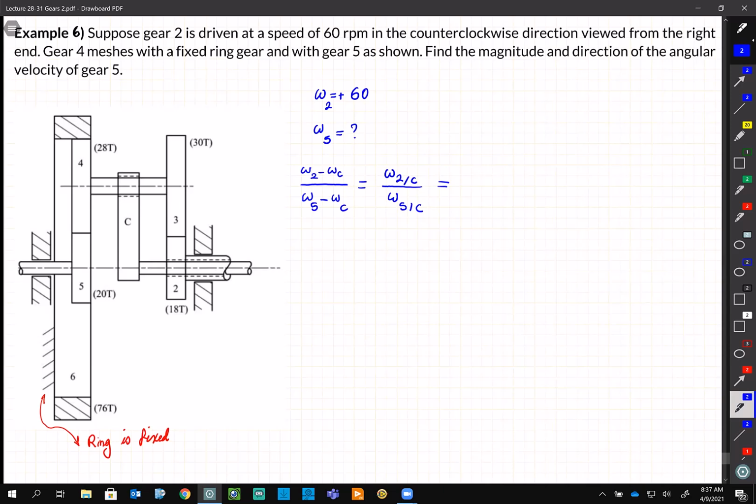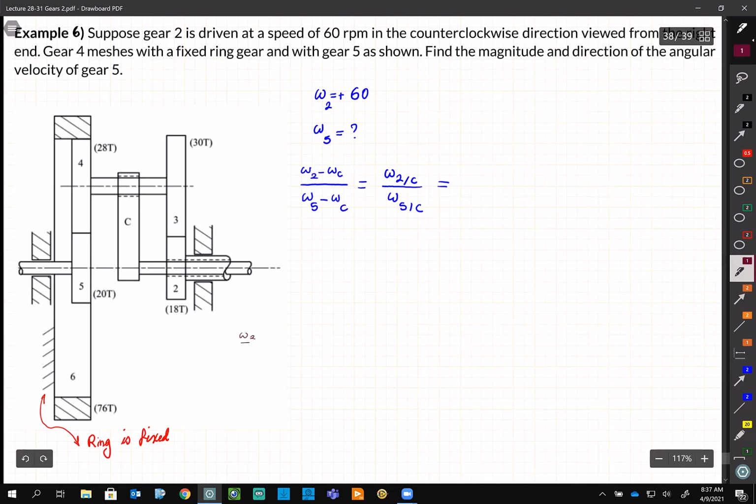Similar to the previous problem, right? I'll write it down here. Two is rotating 3, and 3 and 4 are the same because they are on the same shaft, and 4, because our aim is to get to 5, right? And then 4 is rotating 5. 4 in fact is doing 2 jobs, it is rotating 5 and also the ring.